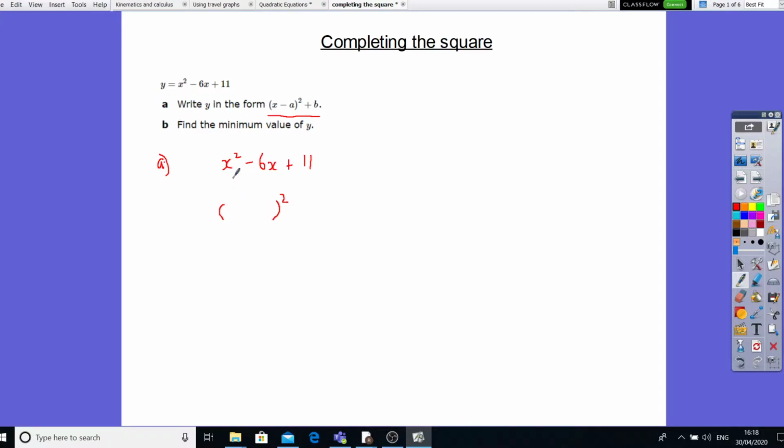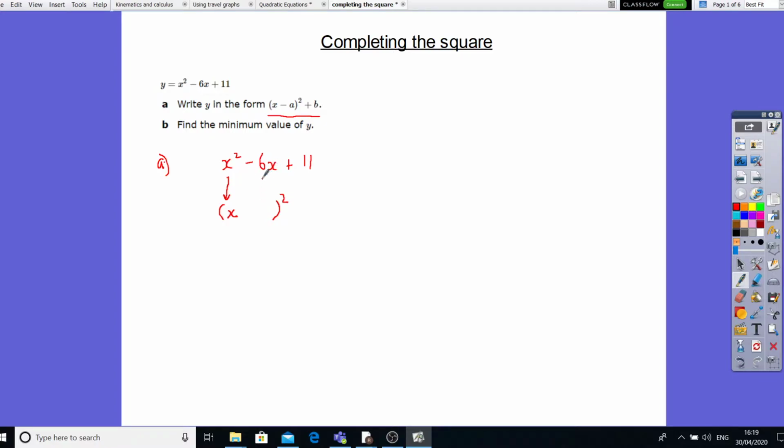The way we do this is, first of all, the coefficient of x squared has to be 1. If it isn't 1, I'll show you when we do some of the other questions how we tackle that. But in this case, obviously, it's 1, so all we need to do is straight away put the x in this corner, because we're going to square it later, and the x squared is going to come out.